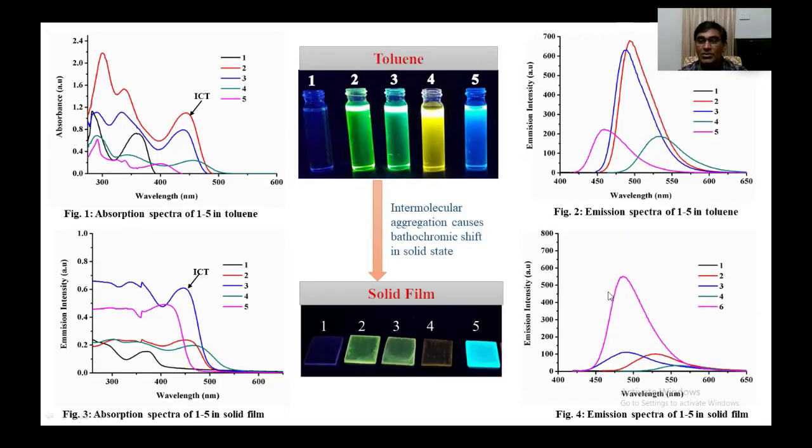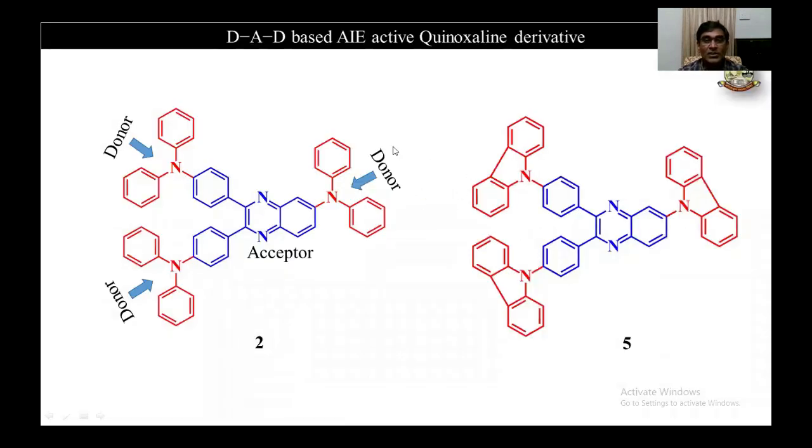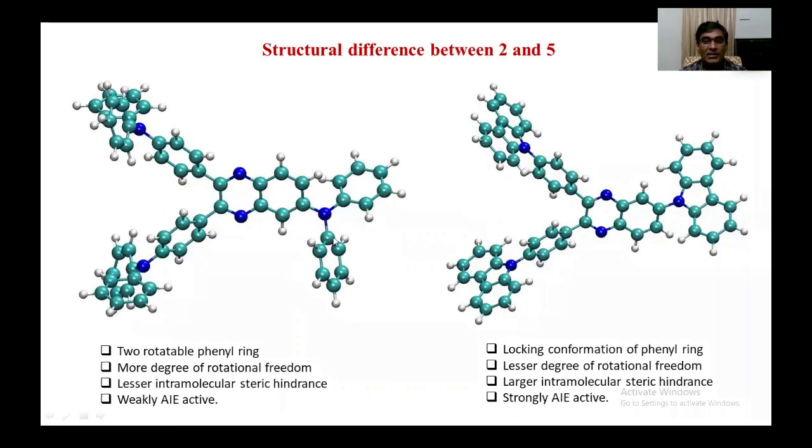So we'll see the structures of these two molecules. The second has diphenylamine at 3 places here, and the central core is the acceptor, so donor-acceptor, and this is the rigid carbazole, 3 donors to the central acceptor. These are the optimized structures of molecule 2 and 5. You can see here the structural difference.